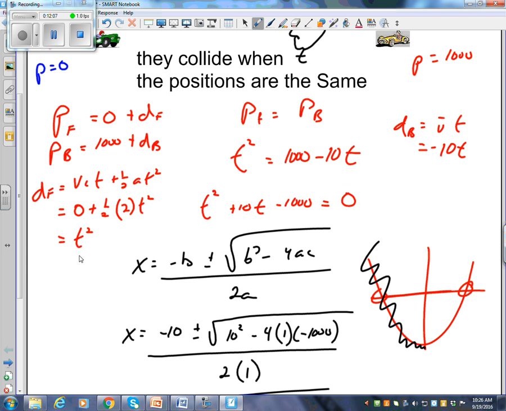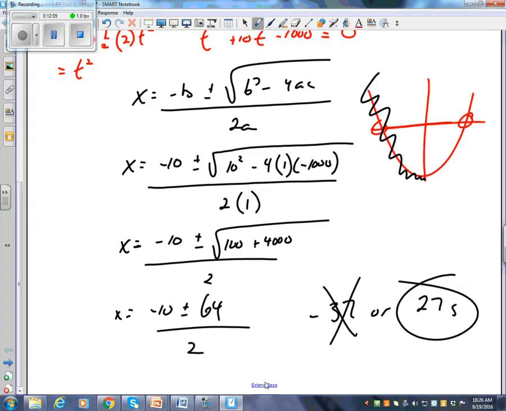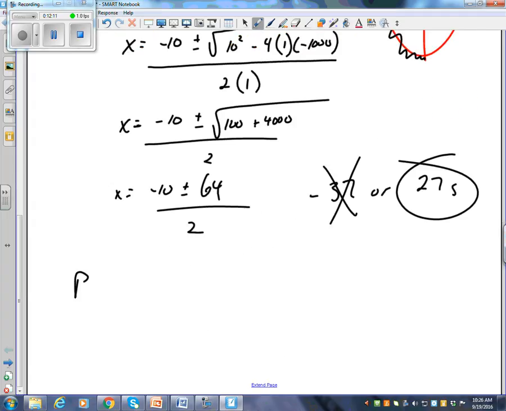So in fact, position of Fred is equal to displacement of Fred, because he starts at 0, which was equal to t squared, which is 27 squared. Should that number be less than 1,000? Should be. Someone help me out. It's 729.